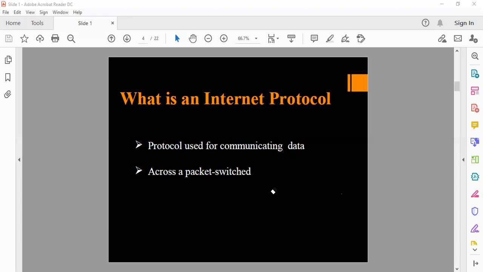In packet switching, your data is divided into different packets. These packets are transferred through different ways.